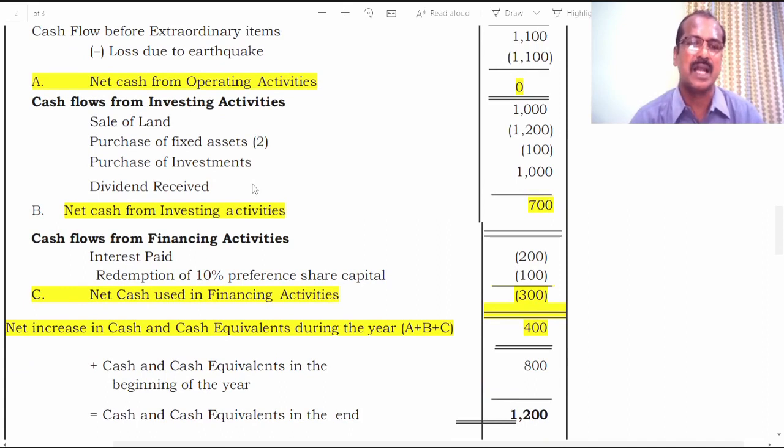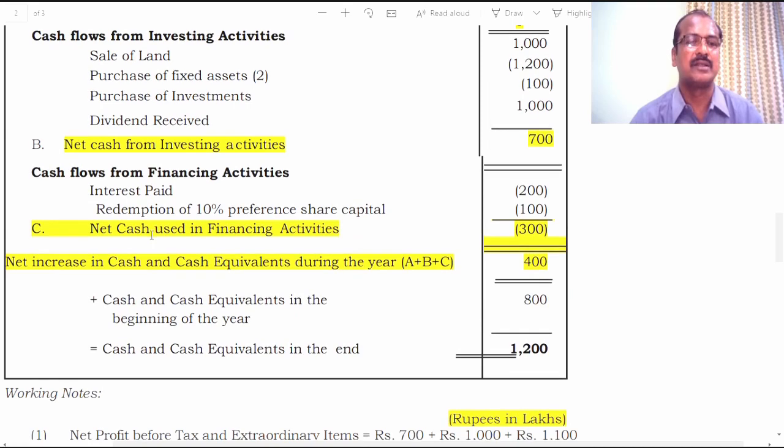Dividend received is a non-operating income. So this is a cash inflow through investing activities, that is recorded here. The resultant figure of the second category of cash inflows is 700 lakh rupees, which is nothing but cash flow from investing activities.